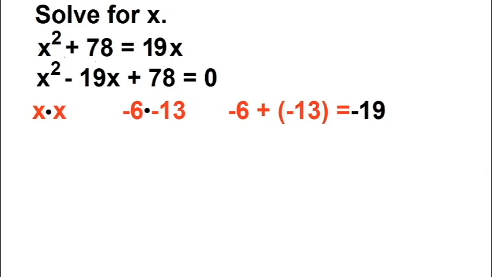Think of two numbers that will give you a product of 78 and a sum of negative 19. Negative 6 and negative 13.